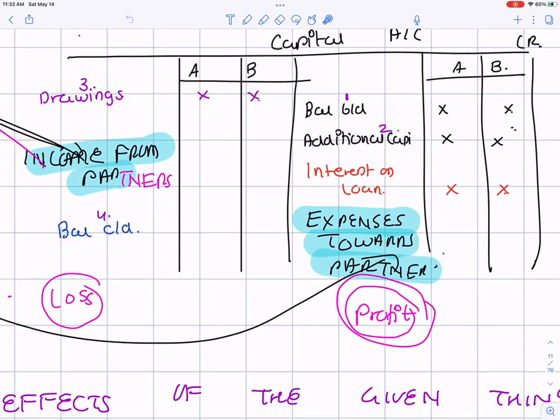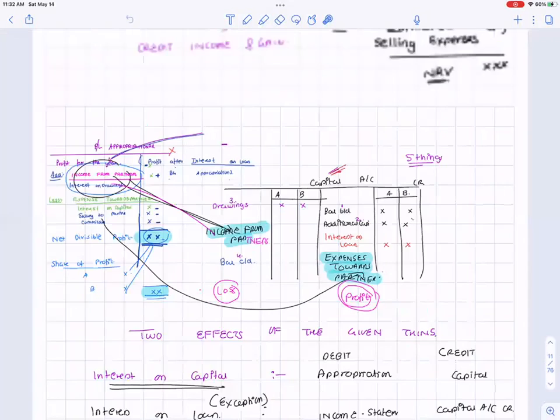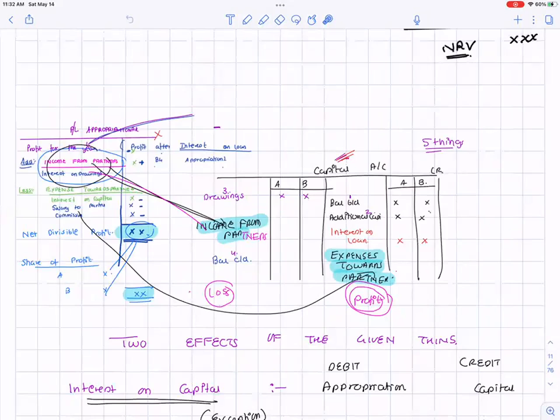These are the five exception items that come in the capital or current account, not in appropriation. Interest on drawings is income from partners: appropriation credit, capital debit. Interest on capital is an expense towards partners: capital credit, appropriation debit.